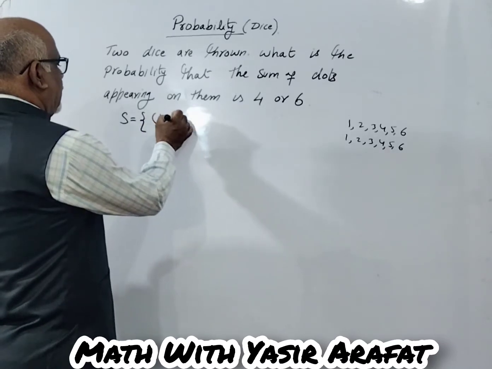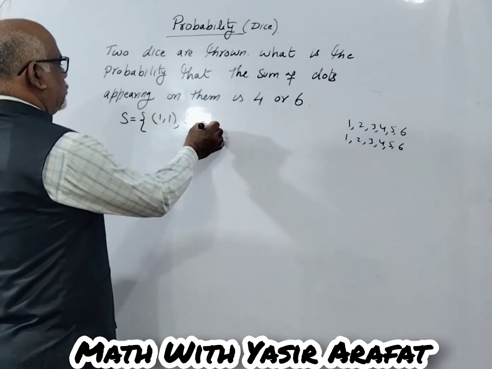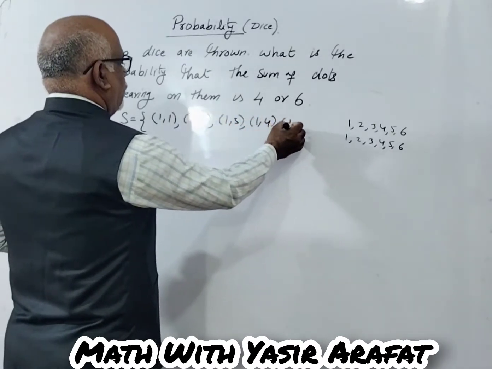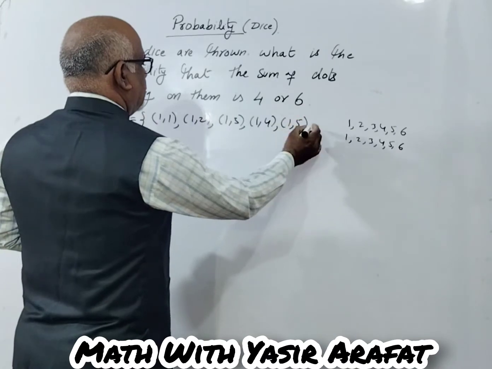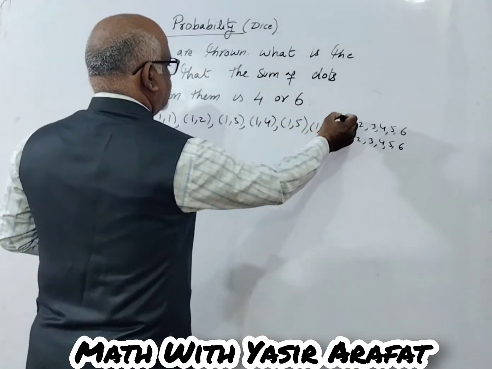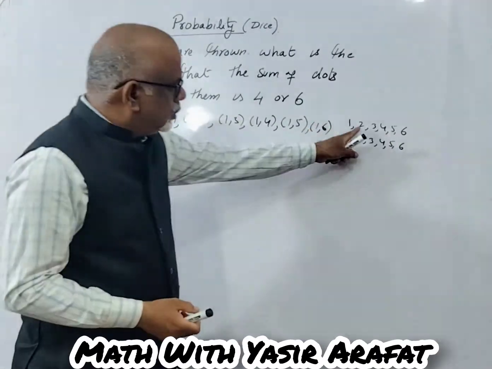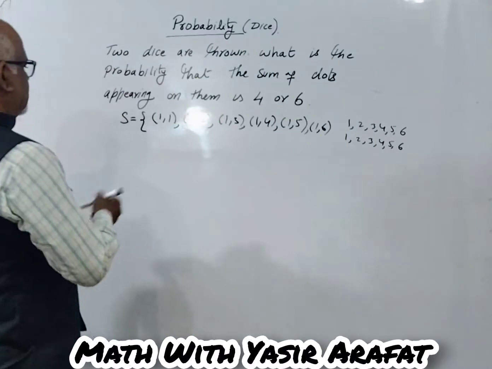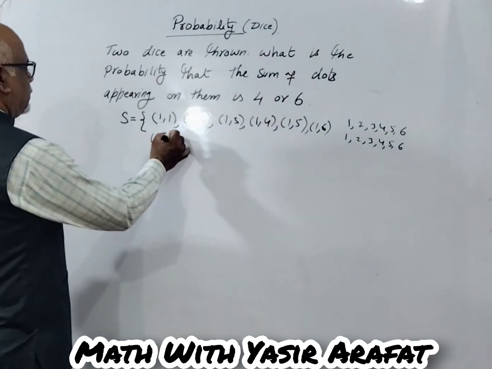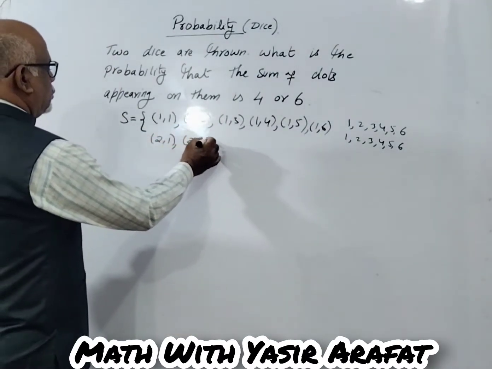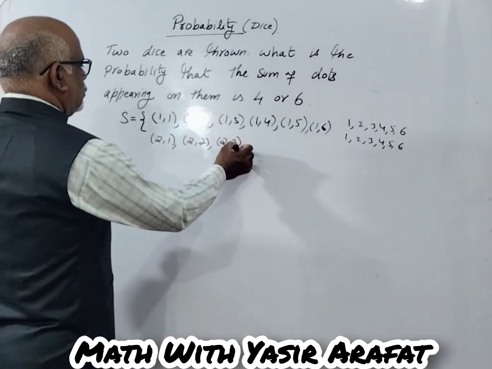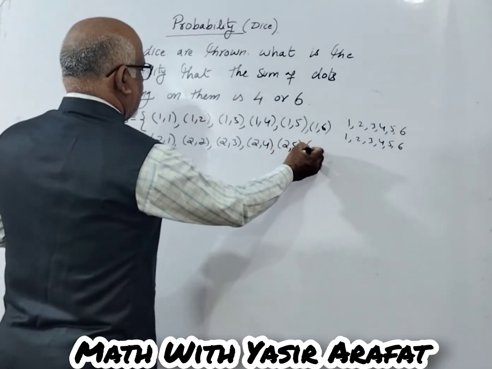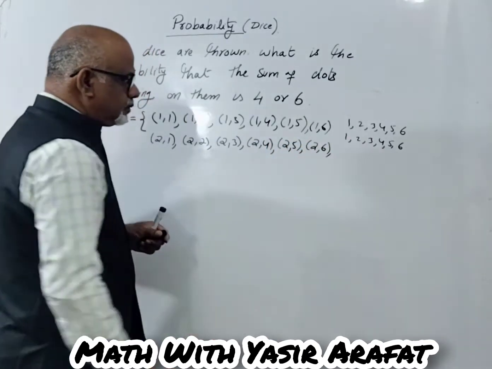So here 1, 1, 1, 2, 1, 3, 1, 4, 1, 5, 1, 6. Now 2, 1, 2, 2, 2, 3, 2, 4, 2, 5, 2, 6.